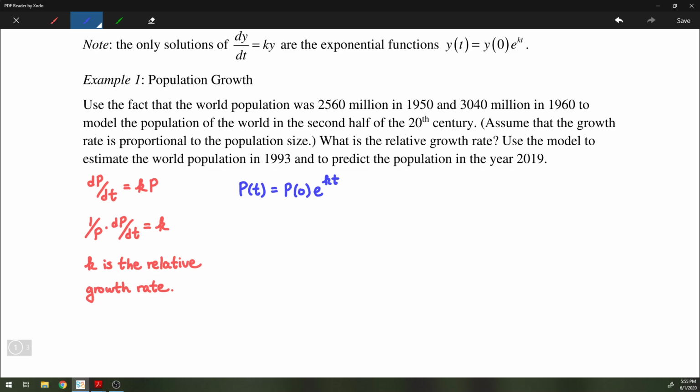Now, we are going to assume that 1950 is the initial time, so this is going to be t equals 0 for us. And 1960 is going to be 10 years after that, so t equals 10.